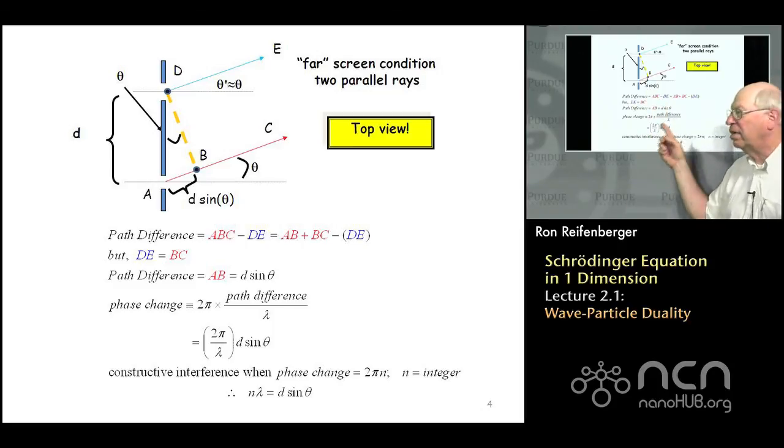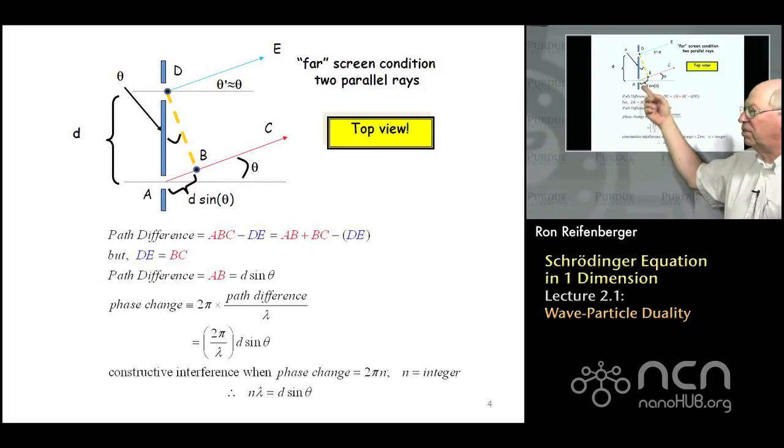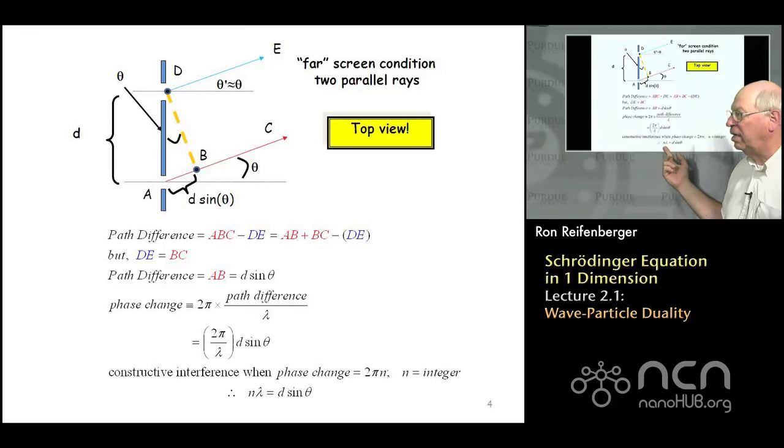And so then the argument is that if this additional path length of the light through the bottom slit is equal to an integer times the wavelength of light, n lambda, then you've got the condition for constructive interference, or for a bright fringe that's observed on the screen, and that condition is just n lambda is equal to d sine theta.